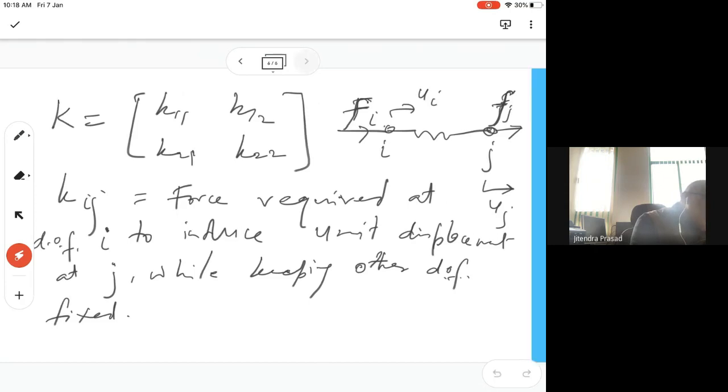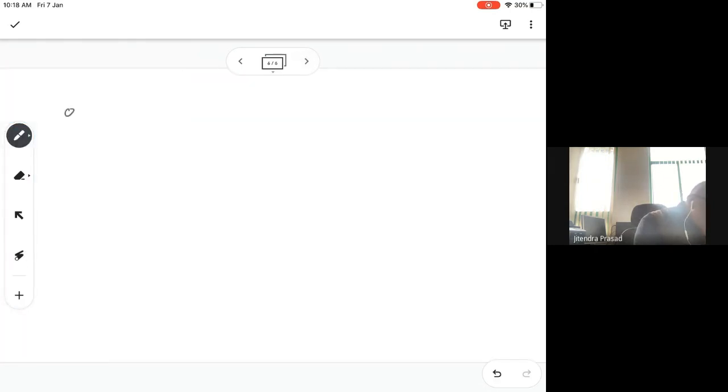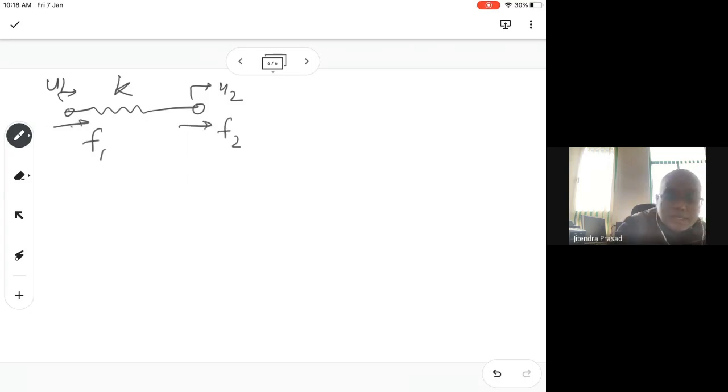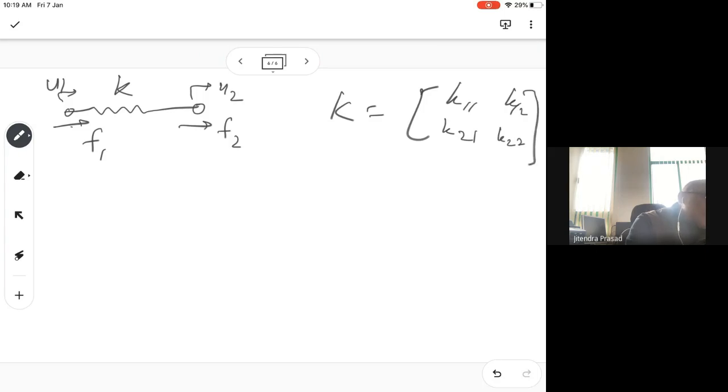So what is the meaning of that? Let's look at that. We have one spring, the ith spring, let us say, or K only, and this is U1, this is U2, and this is F1, this is F2. As per the definition, if you want to find K equal to K11, K12, K21, K22, first K11.